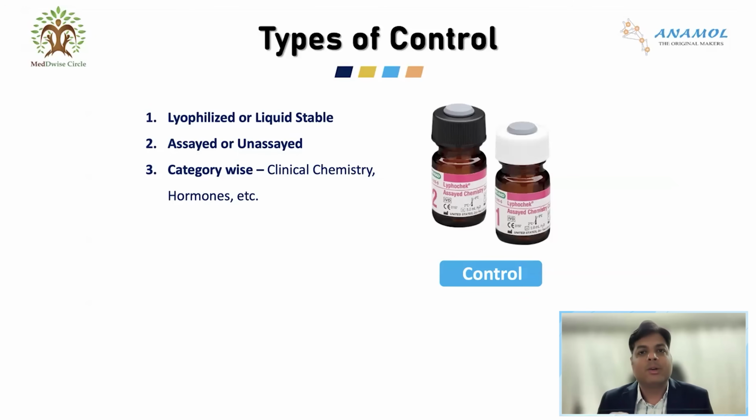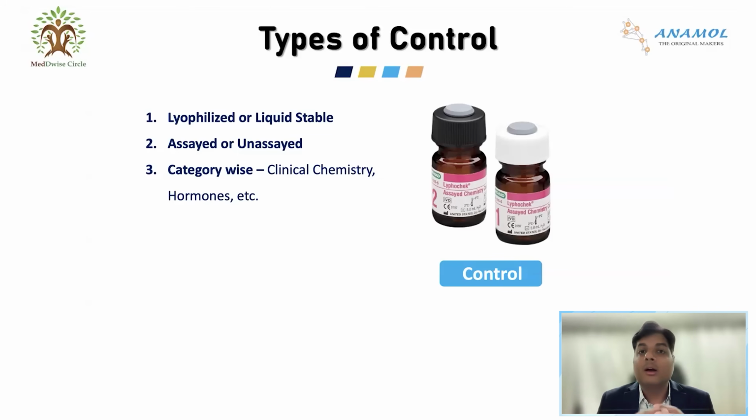They belong to the segment of hormones, for example. Then in that case, this control is called a hormone assayed control. So these are different types of controls which are available in the market. We have to understand this before using controls in our day-to-day life.